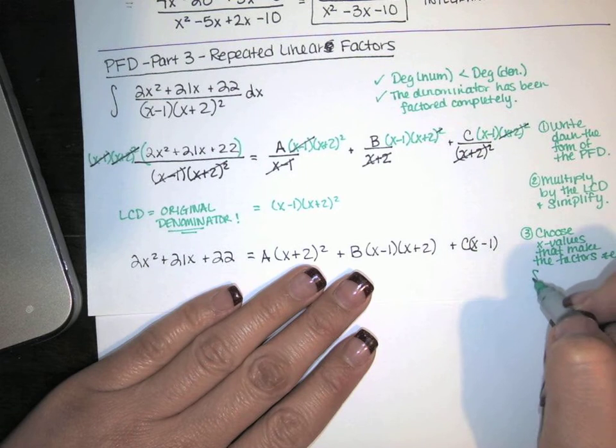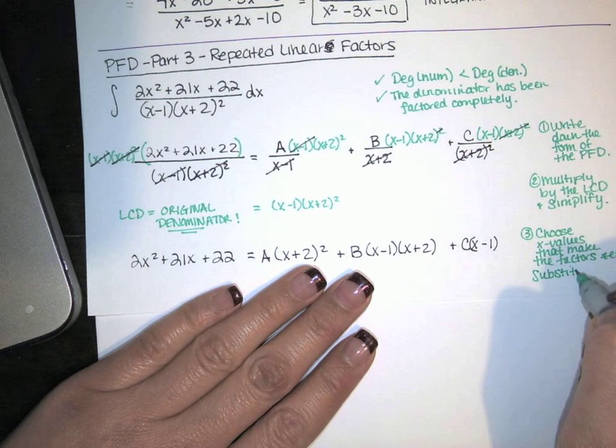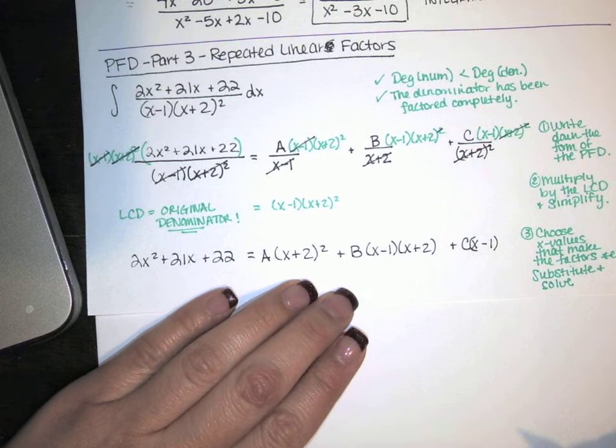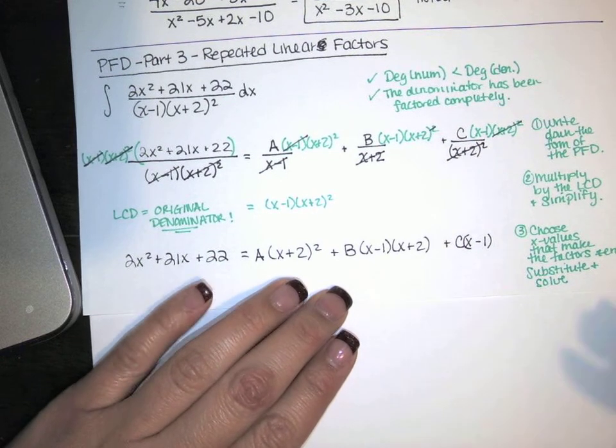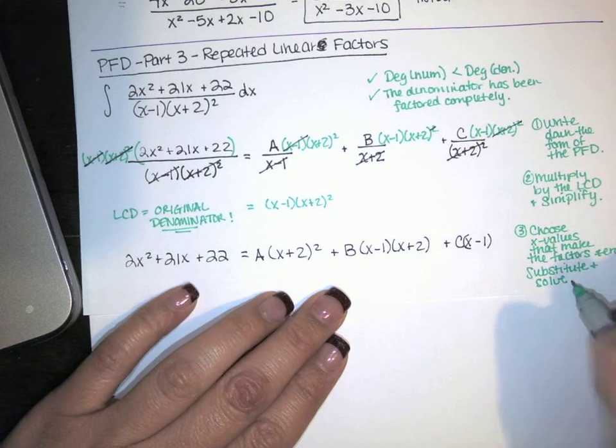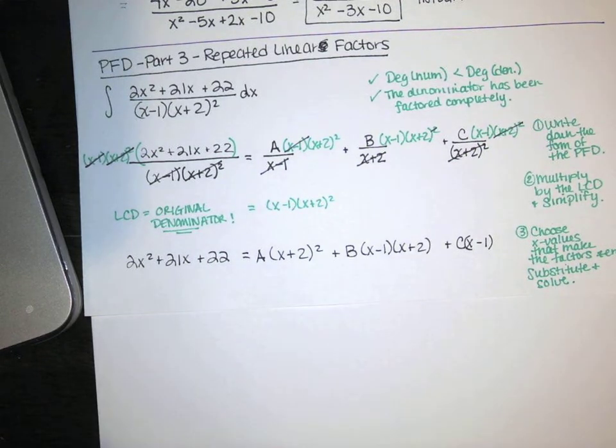You're going to substitute and solve for a and b, or b and c, or a and c. It's going to be one of those combinations. And then I'll tell you what to do to get the third constant.